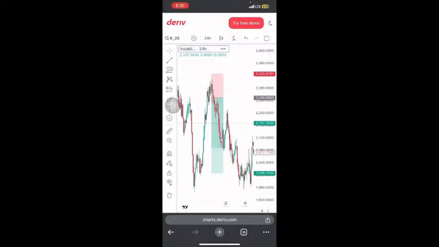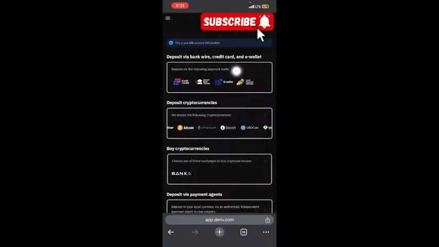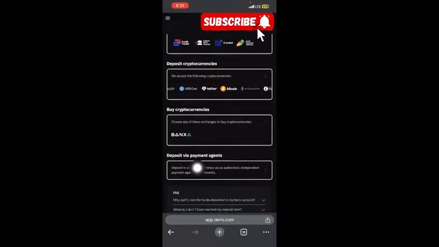Like I said, it's easy to fund Deriv. You can fund using bank wire, credit cards, e-wallets, or cryptocurrency. You can also buy cryptocurrency from them. You can deposit via payment agents. Payment agents are middlemen that do payments.